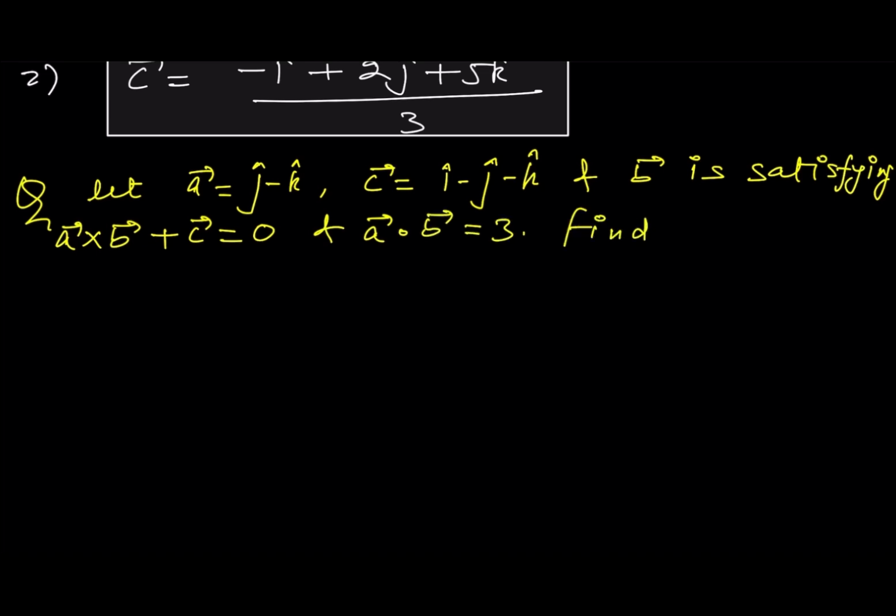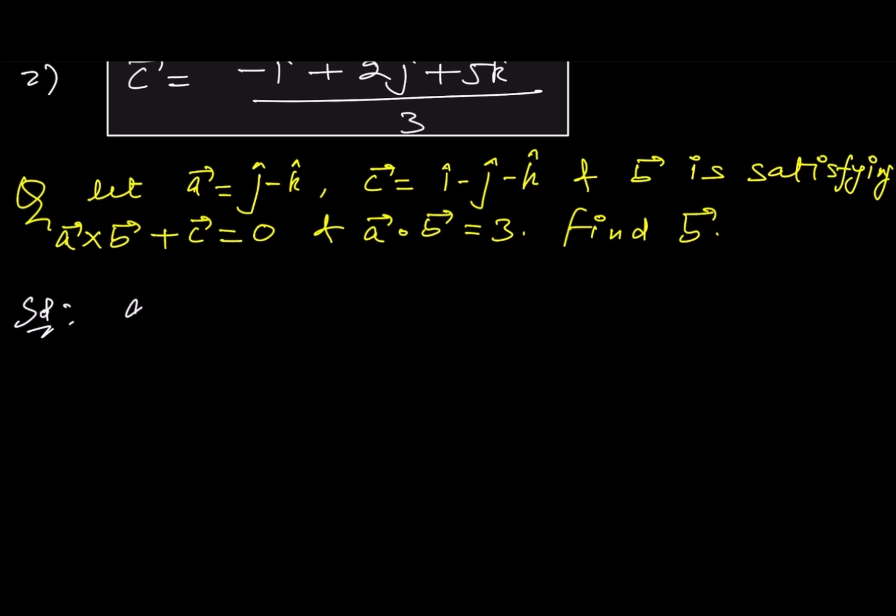Find p vector. So again, here you can see dot is given and cross is given. So again, I will use the concept of vector equation. What we will do, we will take cross product with an appropriate quantity so that a dot p can be used, right? So I will take cross product with the given cross product.